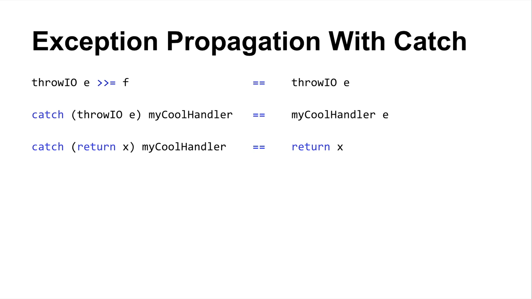The transition rules with catch are also not totally surprising. Throw IOE, bound F will give you throw IOE, catch my-cool handler will give you my-cool handler E, and so on and so forth. If you don't have an error and you install an exception handler, your exception handler is not going to be used.